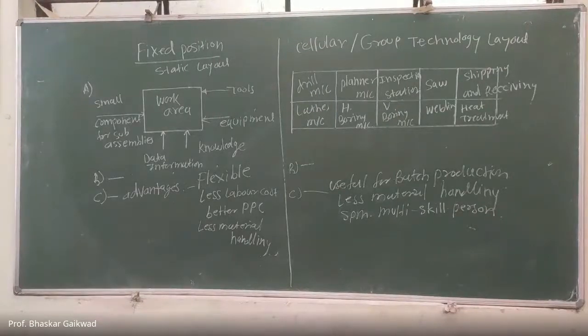In a special purpose machine manufacturing unit, those working have multi-skill knowledge. That person will operate all types of machines. In inspection, he can also do. He can go for making the heat treatment of the job. So these are the advantages of cellular or group technology.